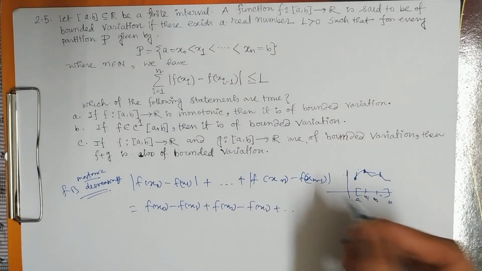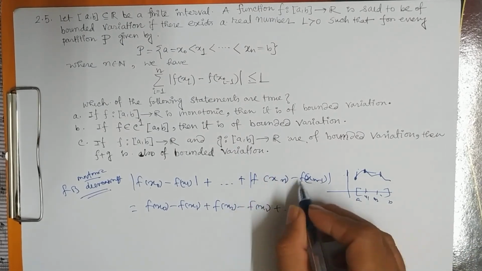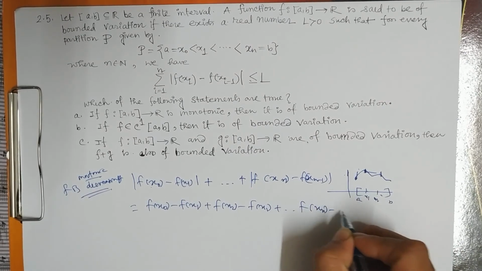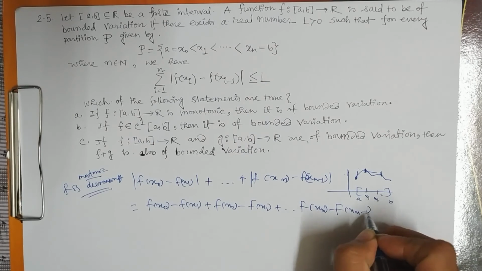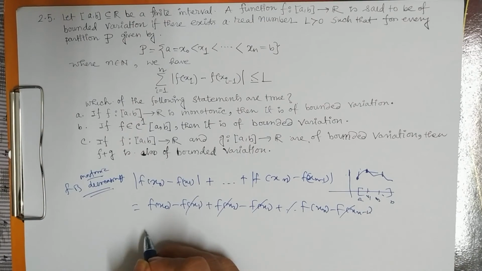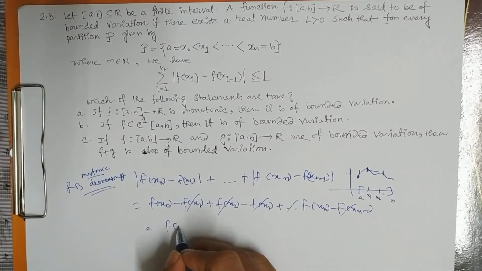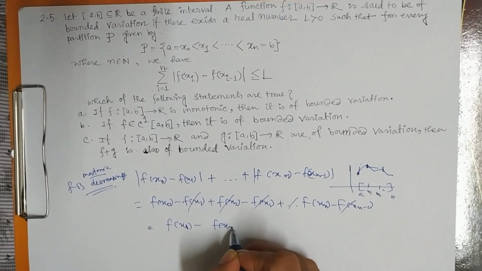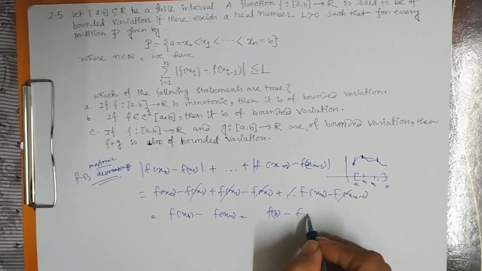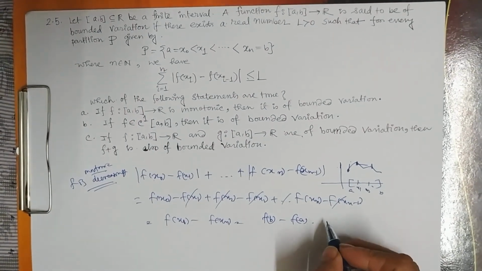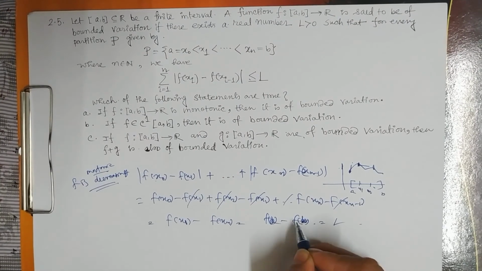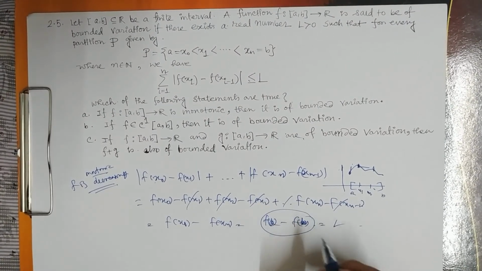Each modulus will be the same, because each term inside the modulus is non-negative. So these terms cancel out, and we end up with f(x0) minus f(xn). Now f(x0) is basically f(a) and f(xn) is f(b). So this we can take as L.